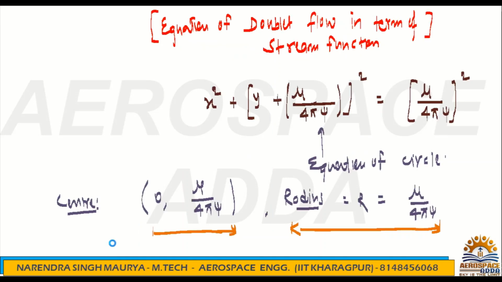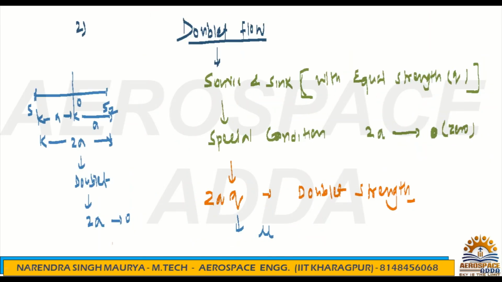And what is the condition? The condition was 2a, the distance between source and sink, should approach 0.